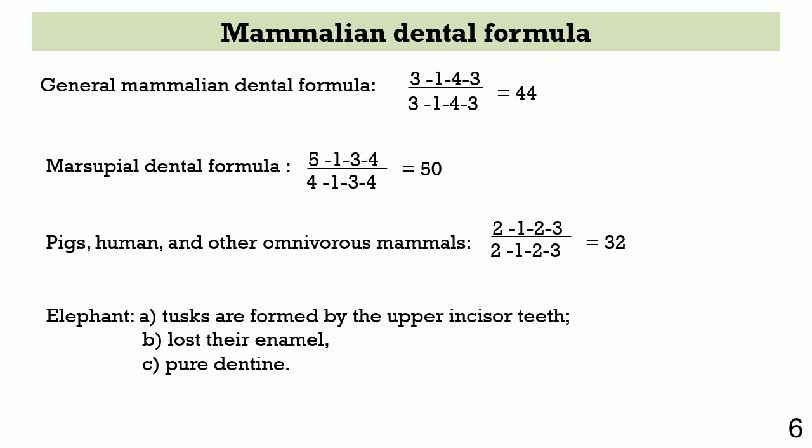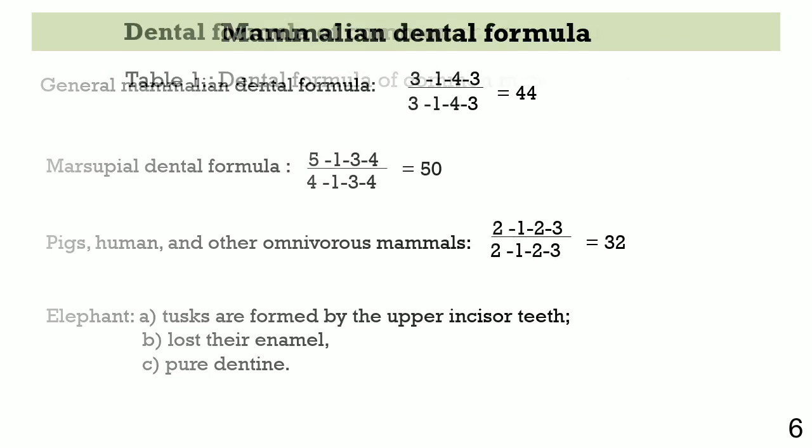Marsupials' dental formula is 5 1 3 4, meaning 5 incisors, 1 canine, 3 premolars, and 4 molars. Pig, human, and others have 2 1 2 3, total 32 teeth. The elephant tusks are formed by the upper incisor teeth. They lost their enamel and are pure dentin.